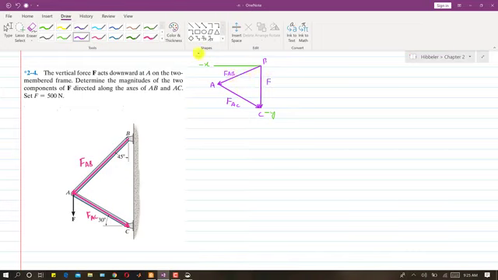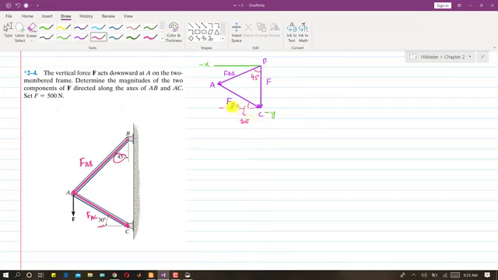Now from here we know that force AB is making 45 degrees with the y-axis, the vertical, so this angle is 45. And this angle is given as well, this is 30 degrees.